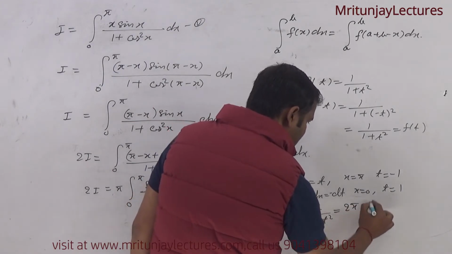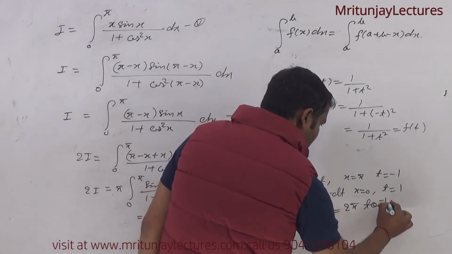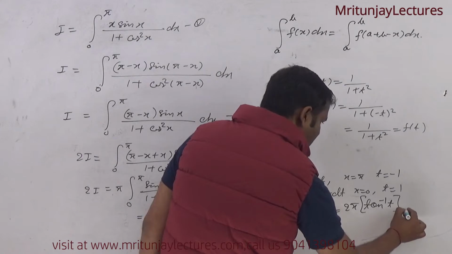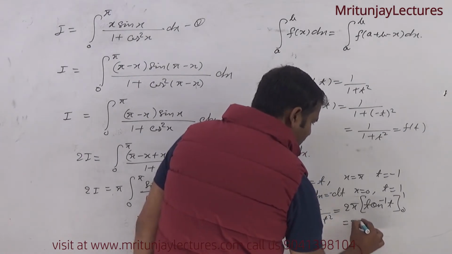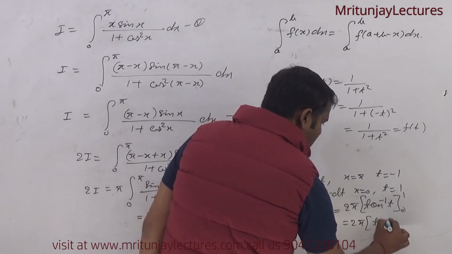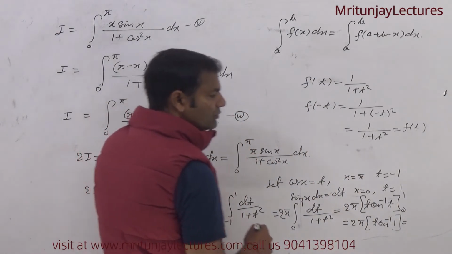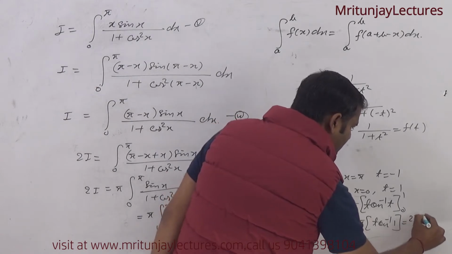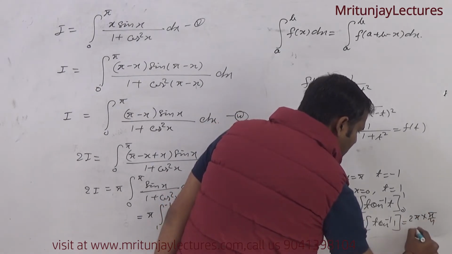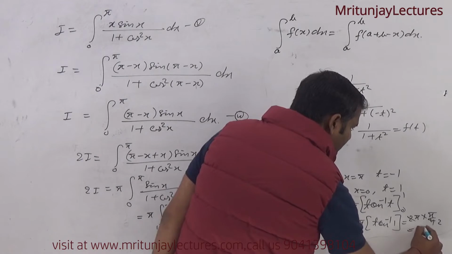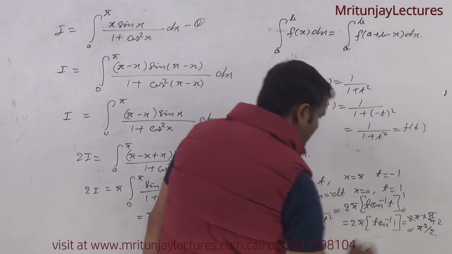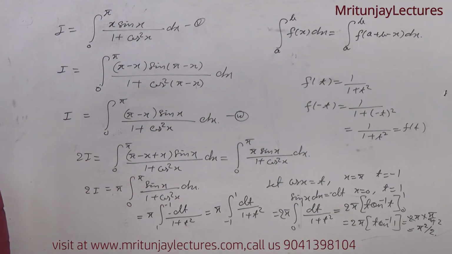This is 2 pi tan inverse t from 0 to 1, so 2 pi tan inverse 1, and tan inverse 1 is pi by 4. So 2 into pi by 4, 2 pi square by 2.